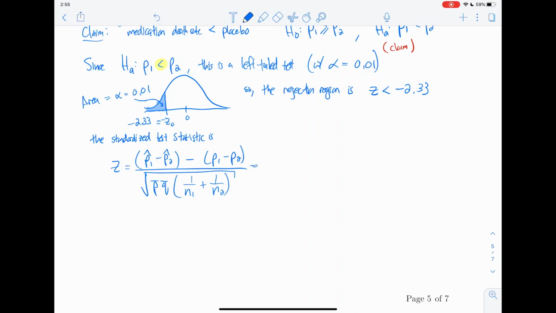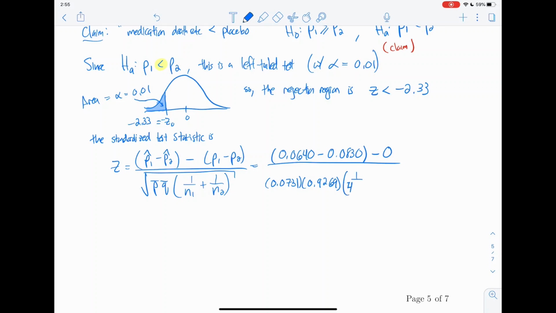In this case, the numerator is P1 hat, 0.0640, minus P2 hat, which is 0.0830. That's the observed difference minus the hypothesized difference, which in a hypothesis test is usually 0, all divided by the square root, where P bar was taken to be 0.0731, Q bar was computed as 0.9269, and then we get 1 over the sample sizes.